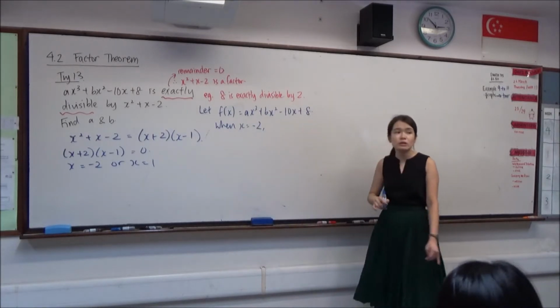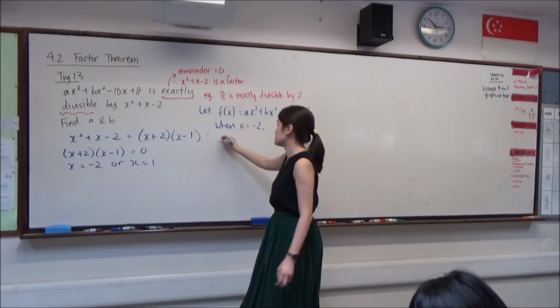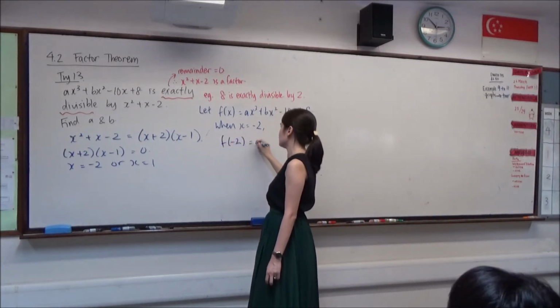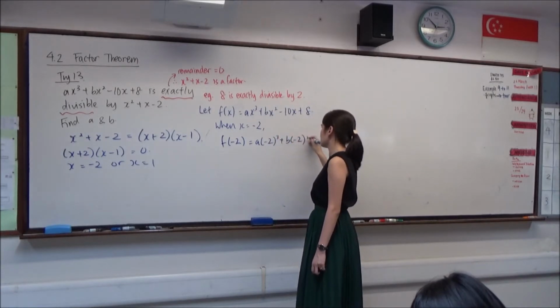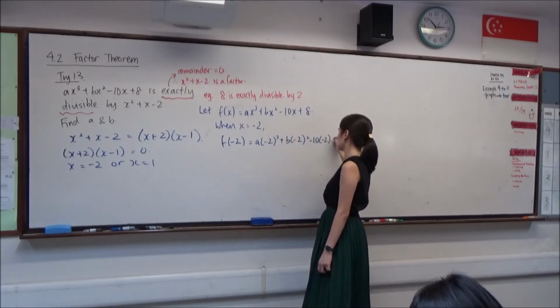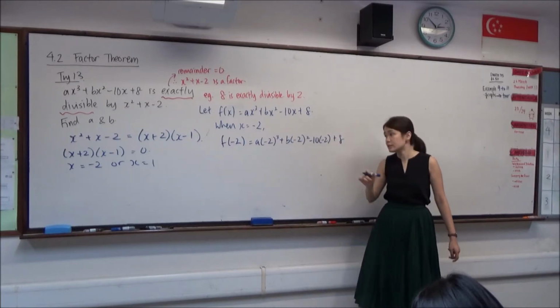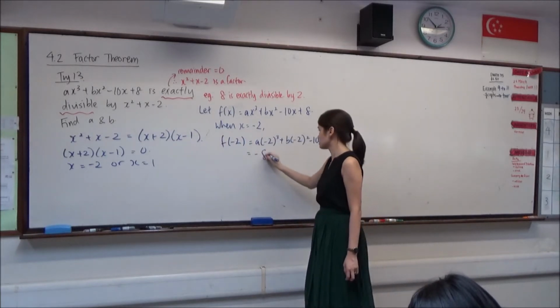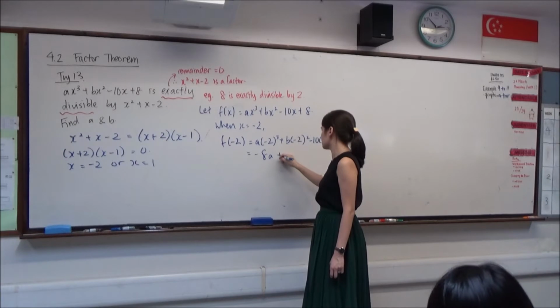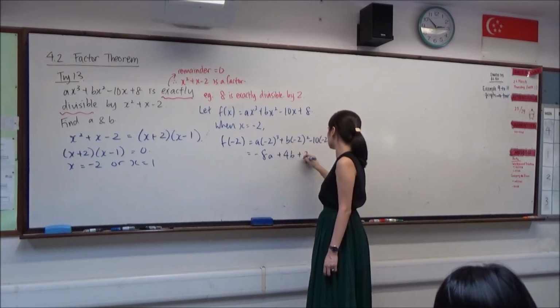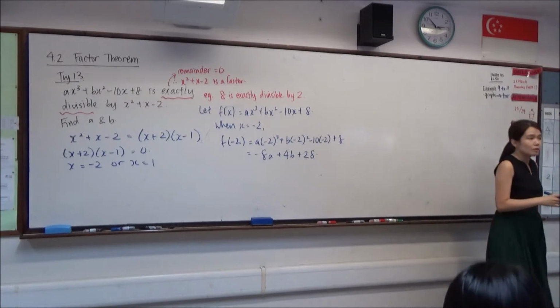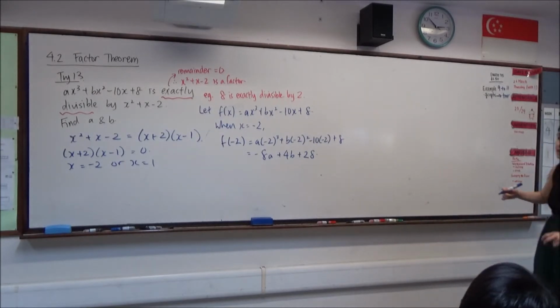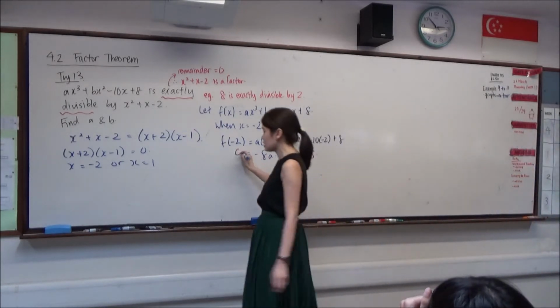So when x is equal to negative 2 and I put it inside the polynomial itself, we will be getting this, and this has to be equal to 0.